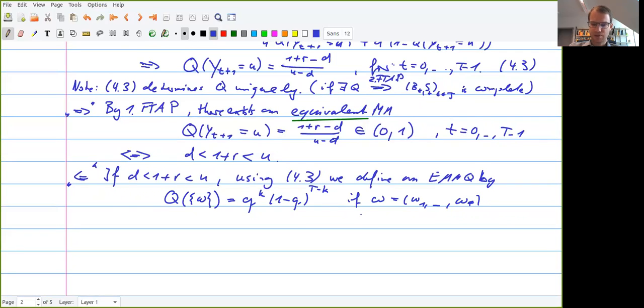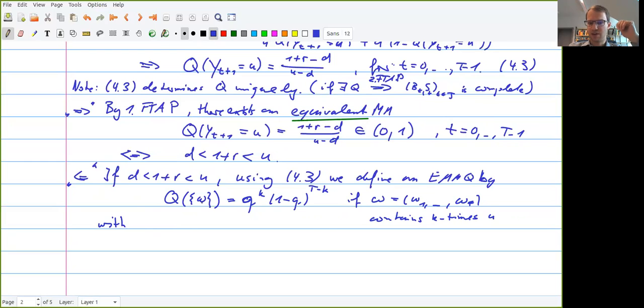And we assign it this probability if it contains k times an upwards move. Q should be the probability that the price moves upwards.